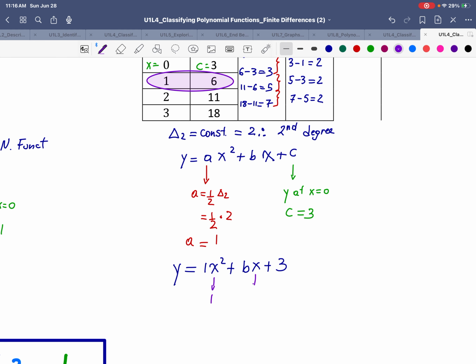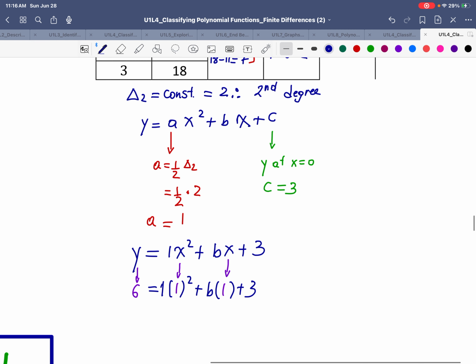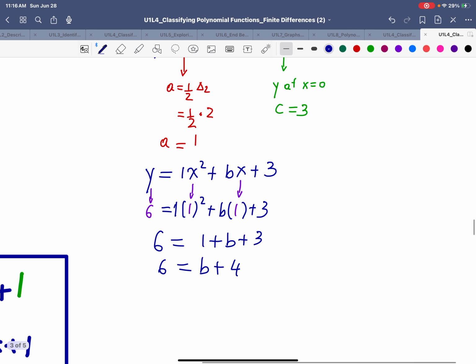So when x equals 1, y equals 6, and we have 1 to the power of 2 multiplied by 1 plus b multiplied by 1 plus 3. As you can see, you have only one unknown. So 6 equals 1 plus b plus 3, or b plus 4. And 6 minus 4 is b, or b equals 2.